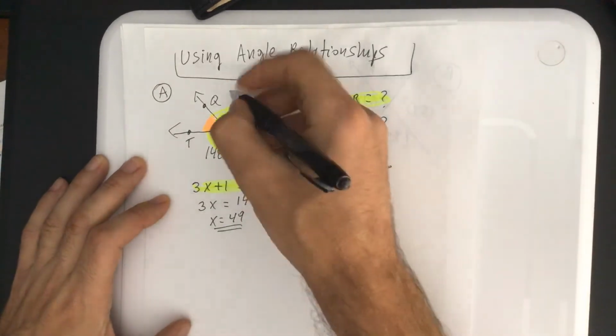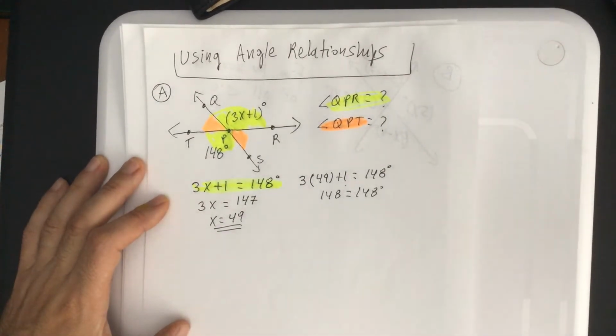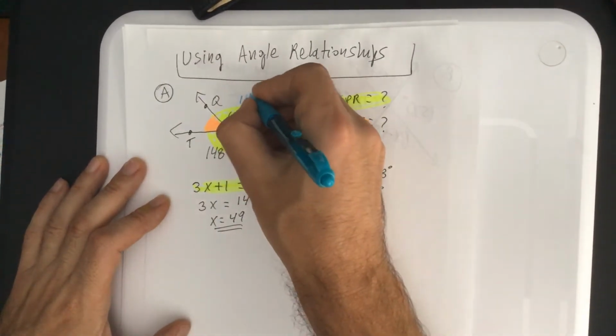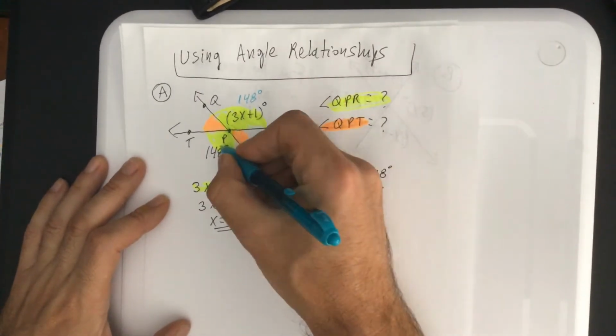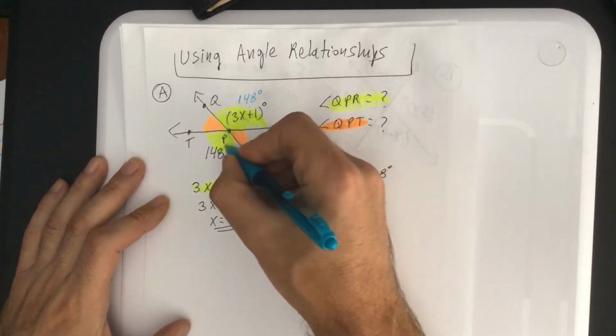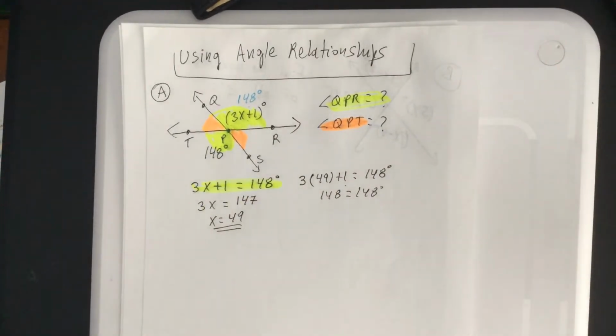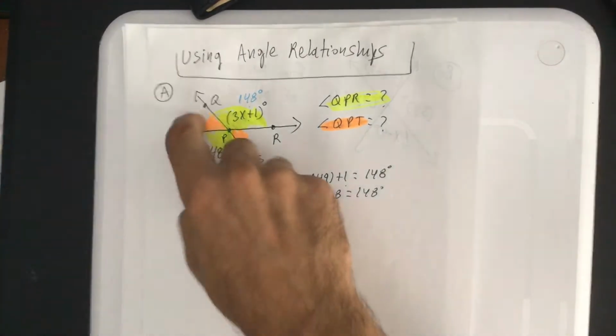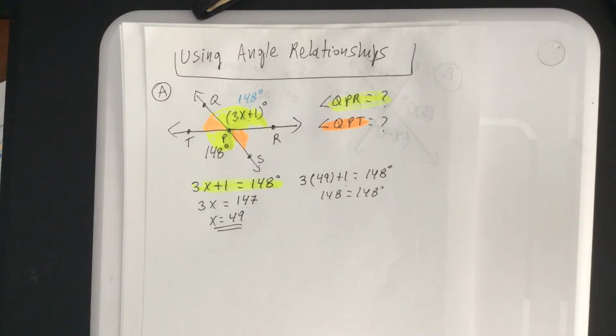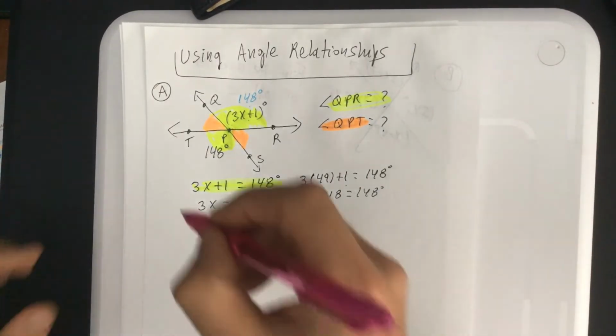So we know that this over here is 148 degrees. Remember, this angle and this angle are vertical angles. So this is 148, this is 148. Now, how do I find the other angle here, QPT? Well, that's simple.